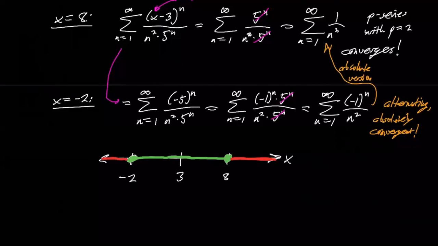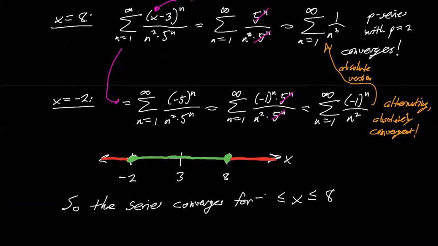And in math, we could say the series converges for the values of x that are less than or equal to 8 and greater than or equal to -2. And this is the interval of convergence.